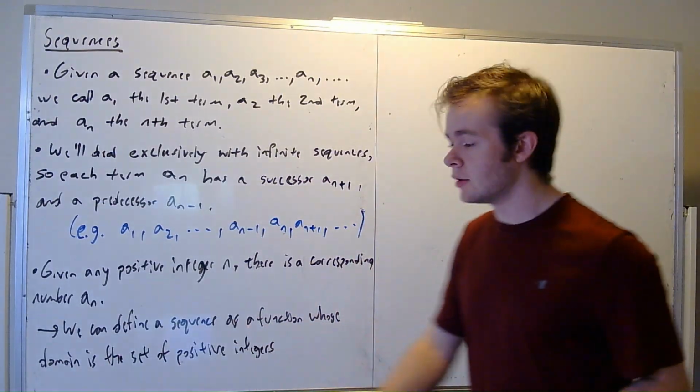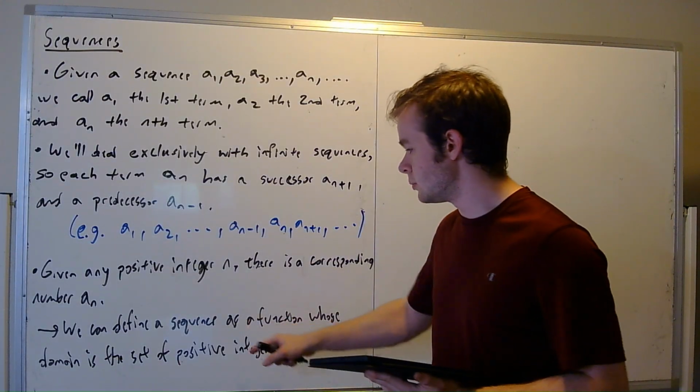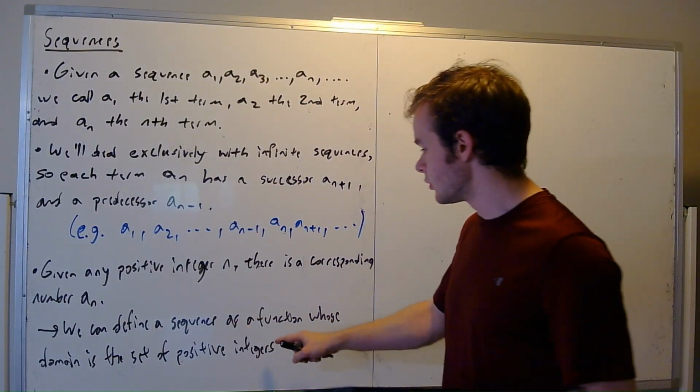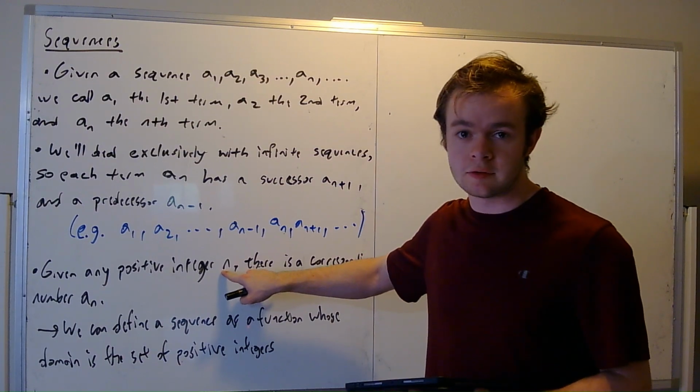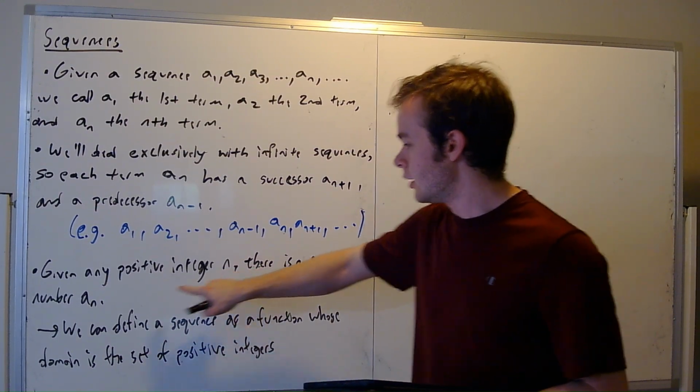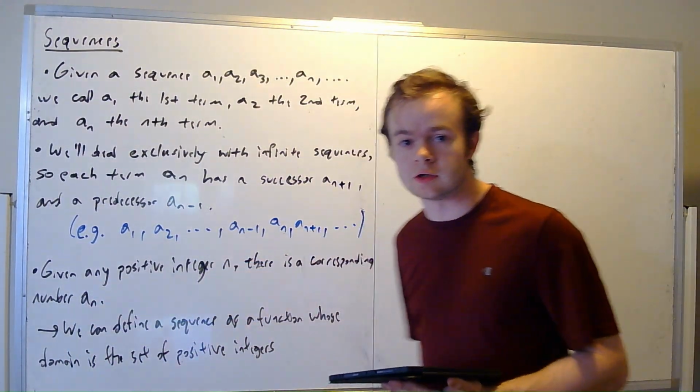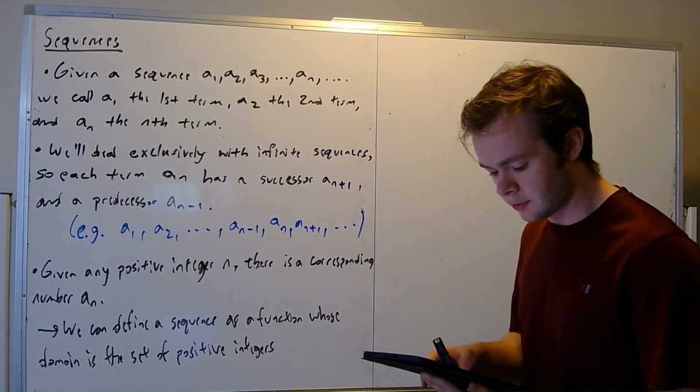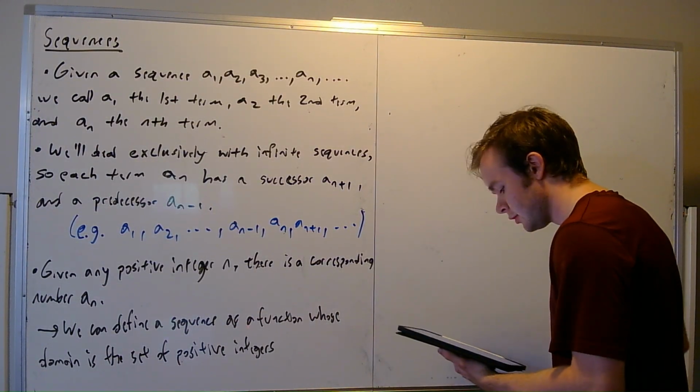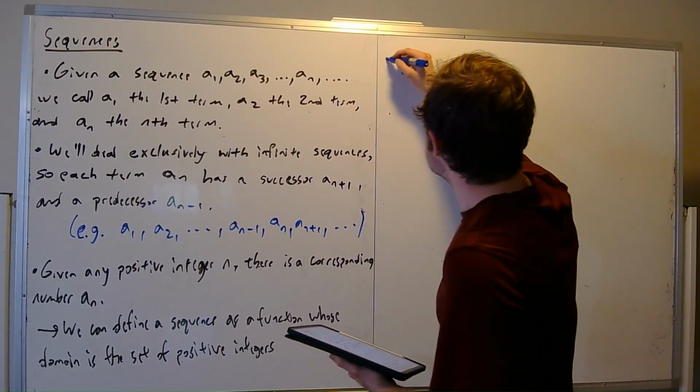Right, so what I mean by that is, well, let's say we have the input of, as I said, 3. So let's say 3 is our input, that's the positive integer that we're putting in. Then our output would be whatever the third entry is. And that's how we're defining our function. So let me write down our notation here.